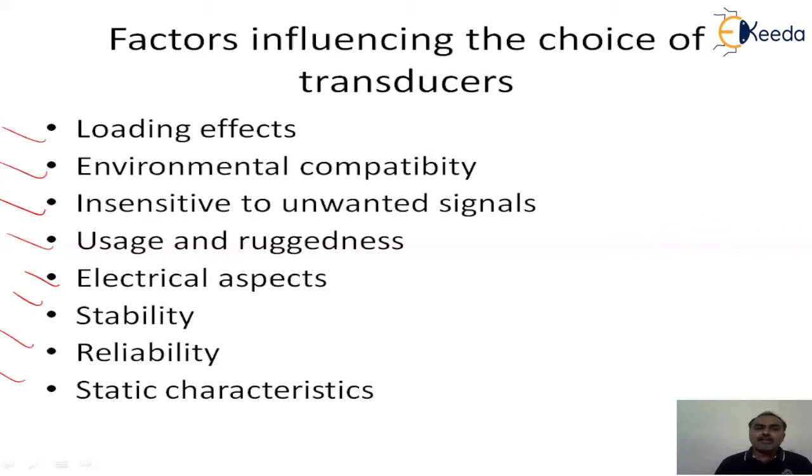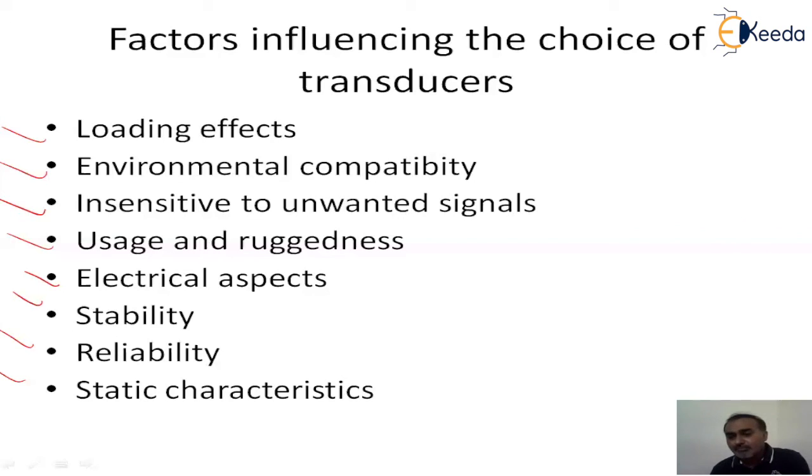We need to study all these factors when we take the transducer as the preferred one. That is the reason in instrumentation we use the transducer in measuring various types of quantities. That is the importance of these transducers.